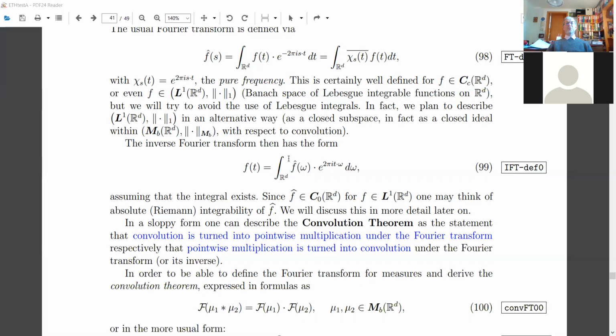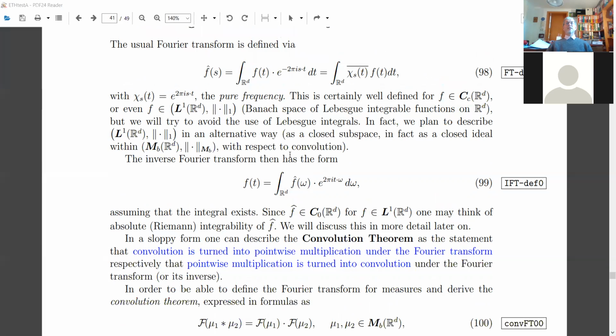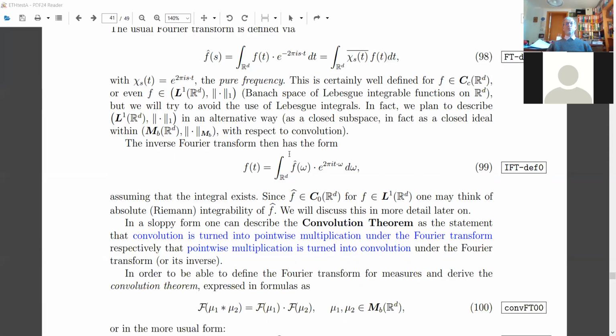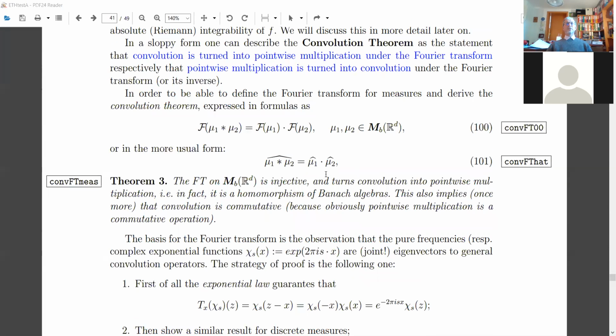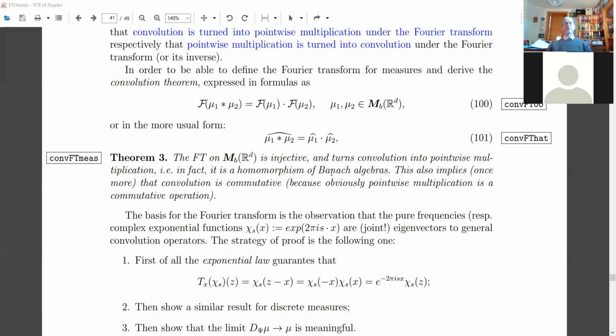The other thing that you can learn from the ordinary function space case is that this integral transform is compatible with convolution. In other words, it turns convolution into a pointwise multiplication. Now, I'd rather try to explain to you what the goal is for the next session. The Fourier transform, which I still have to define, is supposed to be an injective mapping which maps bounded measures into bounded and continuous functions, and which replaces convolution by ordinary pointwise multiplication.